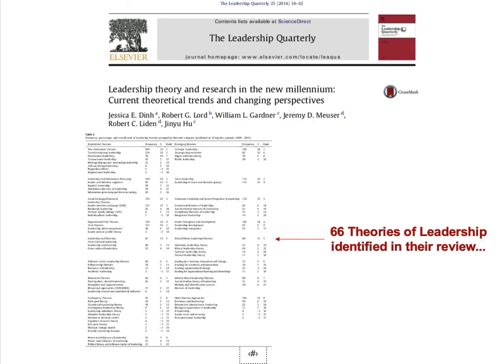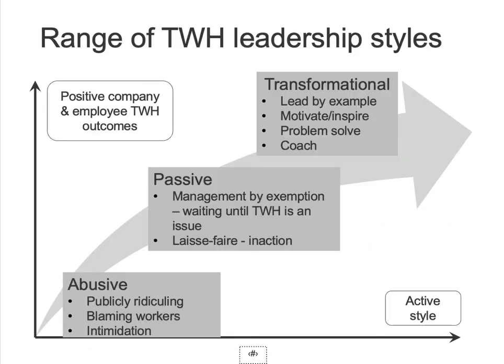And folks have been trying to figure out what are the best qualities of leaders that elicit the best outcomes. I think in terms of total worker health, the best way to think about the leadership styles is to think about it from someone who has a less active style to someone who has a more active style. And the ones that are more active in their leadership practices elicit the best health and safety outcomes.